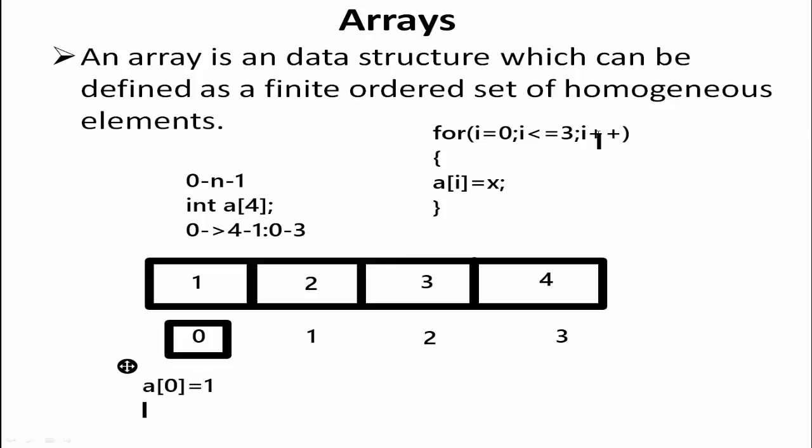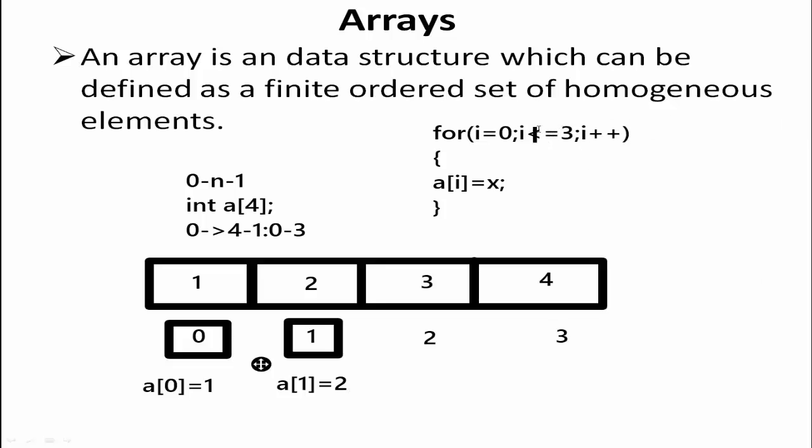Next the for loop will be incremented. The i value will be incremented, so next i will come to the place of 1. A of 1. So what is the value of A of 1? Array of 1 is equal to 2. Next it will check the condition.